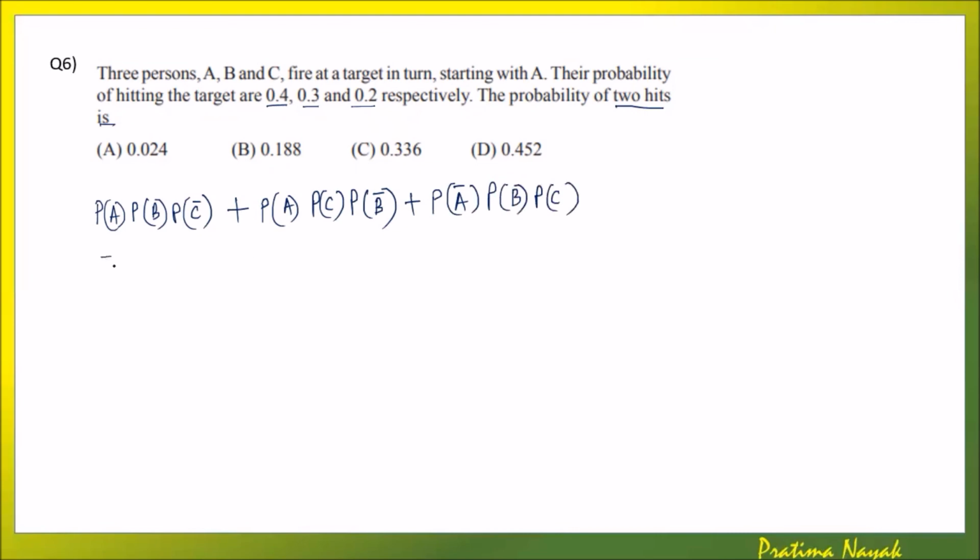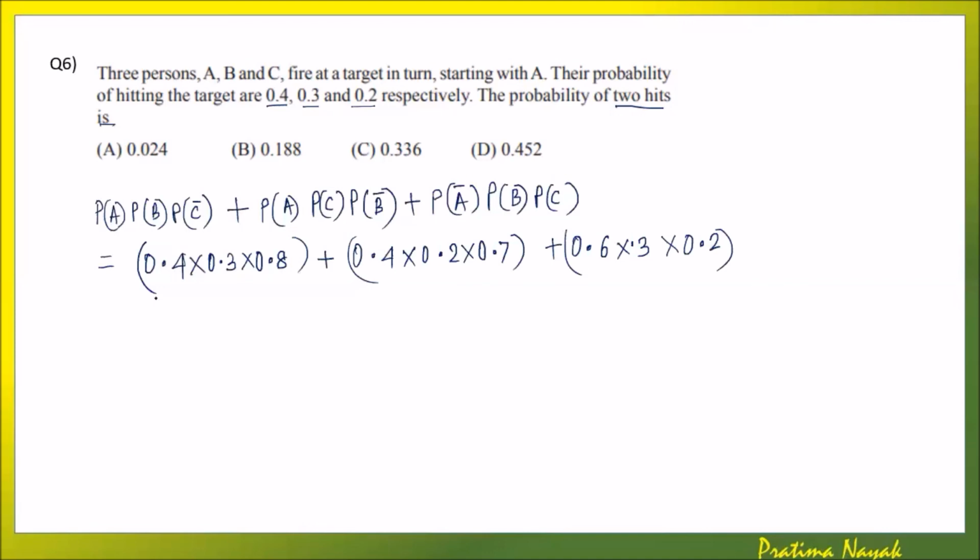We have already done this formula. So P(A) is equal to 0.4 into P(B) equal to 0.3, and P(complement of C) will be 0.8. Plus, now P(A) is equal to 0.4, P(C) is equal to 0.2, and this will be 0.7. Next is 0.6, 0.3, and 0.2.